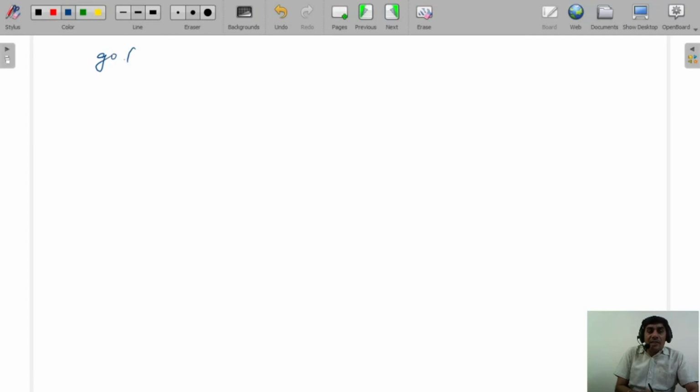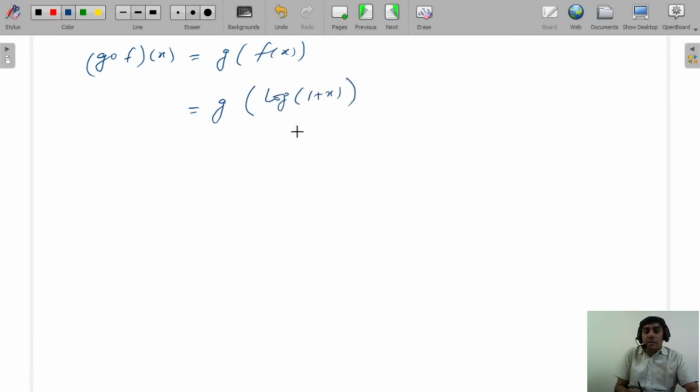(g∘f)(x) is equal to g(f(x)) is equal to g(log(1 + x)), which is equal to e^(log(1 + x)), which is equal to 1 + x.